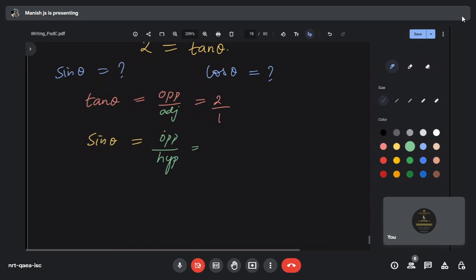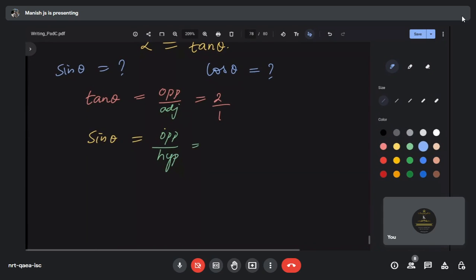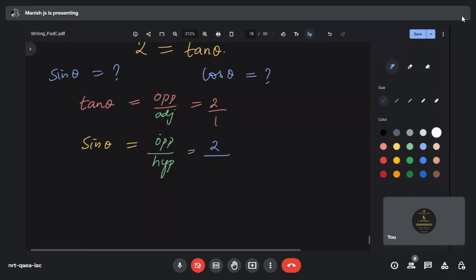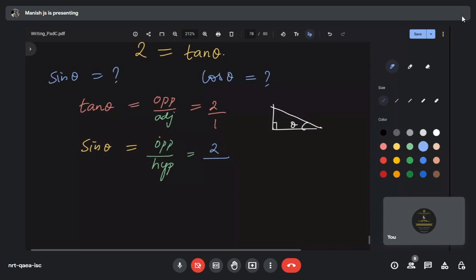Yes, sir. So go and relate now. Opposite is 2, by hypotenuse. What is the hypotenuse value? Form a triangle. Root 5, sir. This is theta, so this is the opposite and that will be the hypotenuse. Root 5, sir.